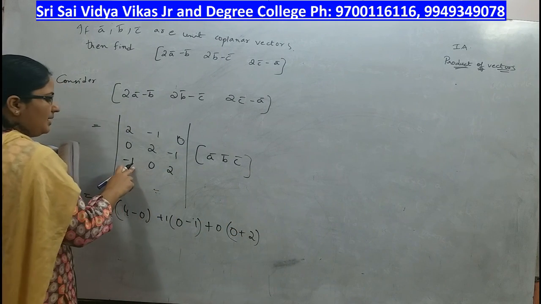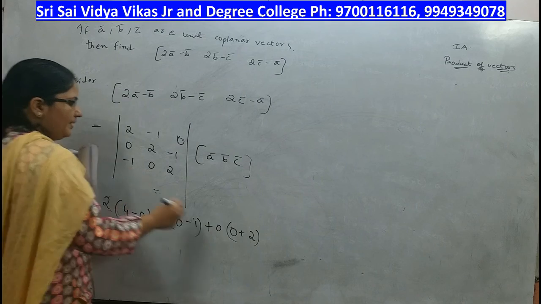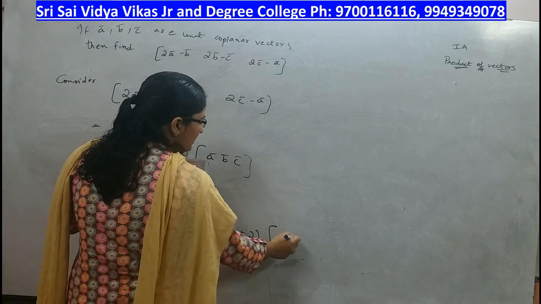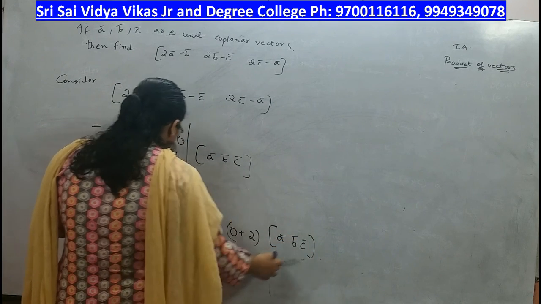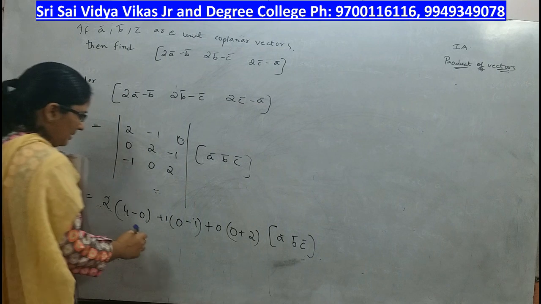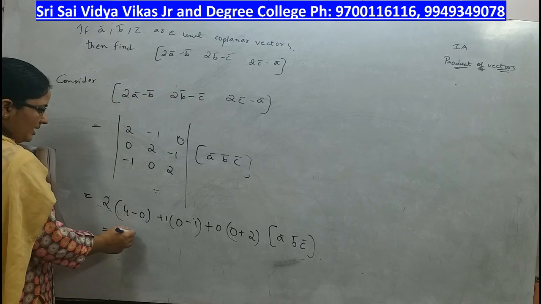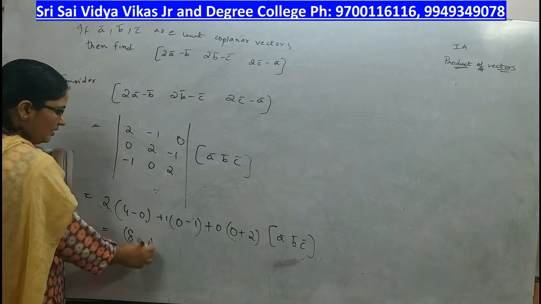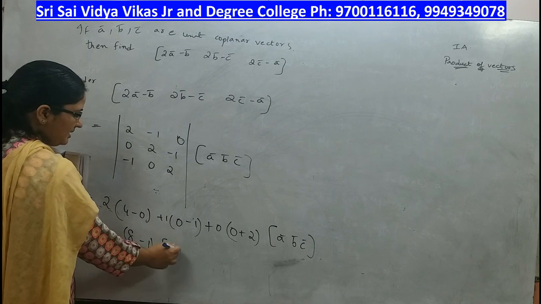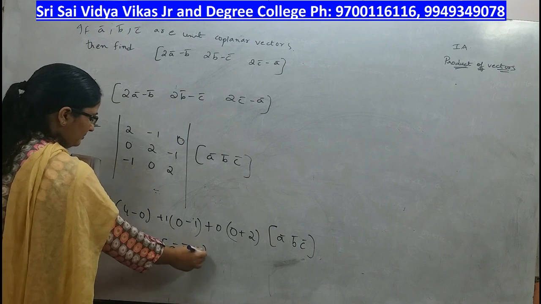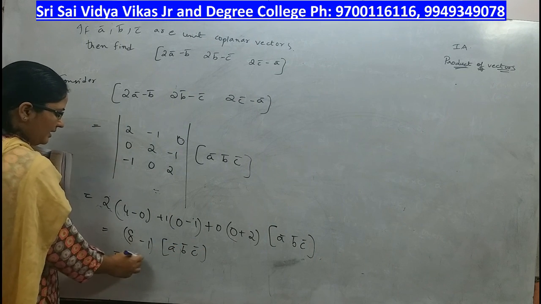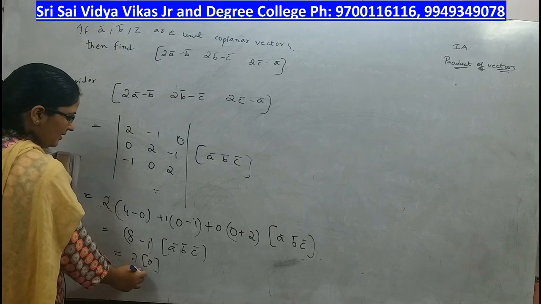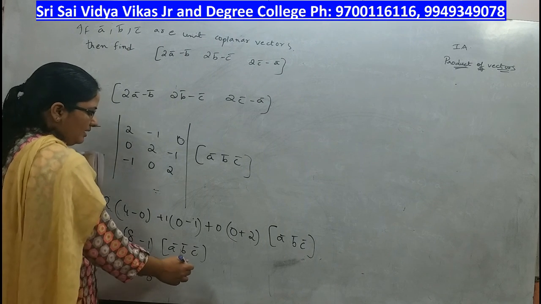Minus into minus will become plus, so you get 8 minus 1 plus 0, which is 7, into box ABC. That is 7 into 0, which is equal to 0.